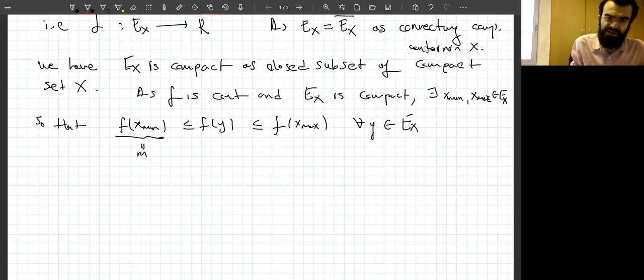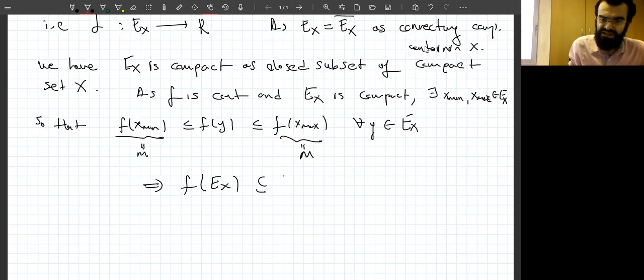Call the minimum small m and the maximum big M. This implies our f(E_x) is a set containing this closed interval.